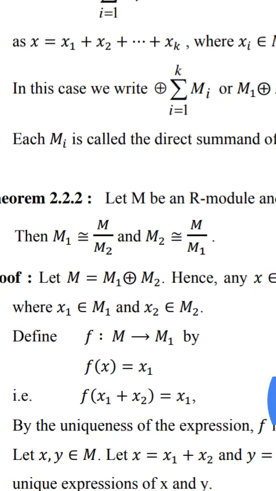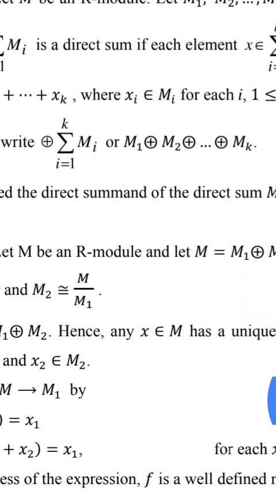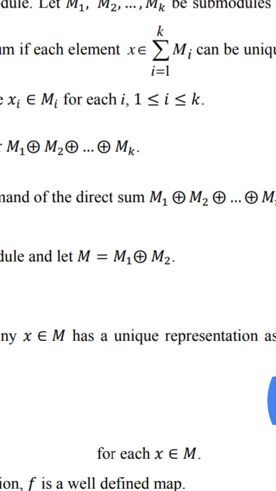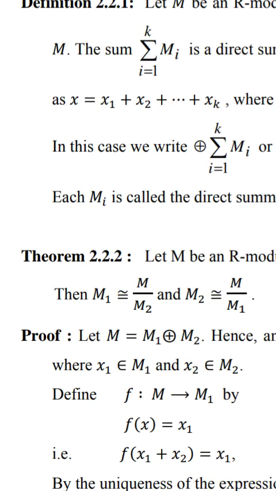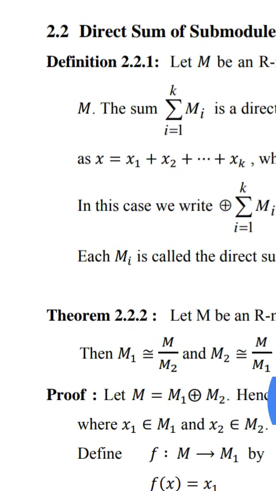One more theorem. Let M be an R module. Let M is equal to M1 direct sum M2. Then M1 is isomorphic to M by M2 and M2 is isomorphic to M by M1.